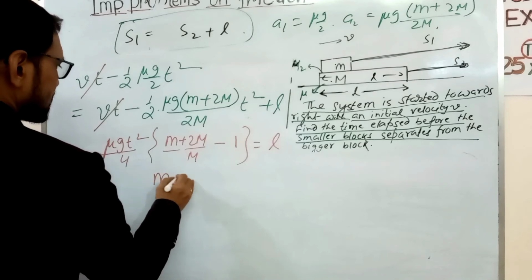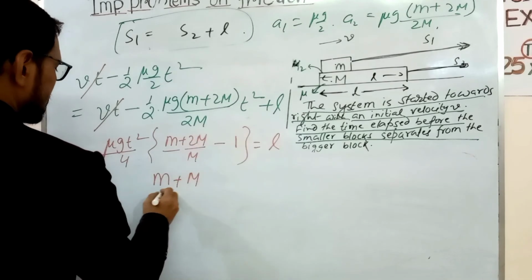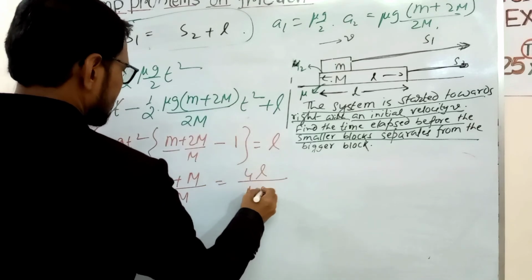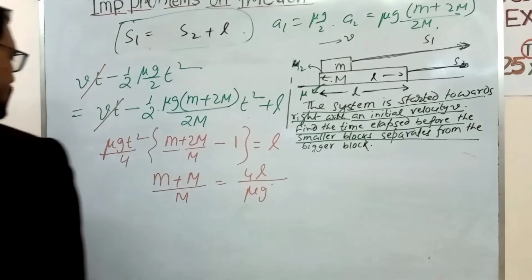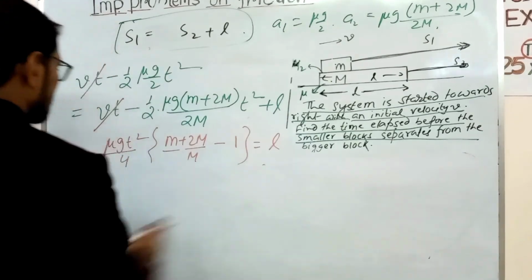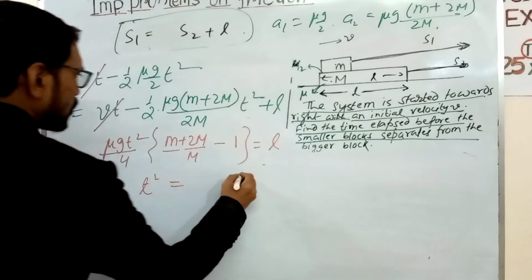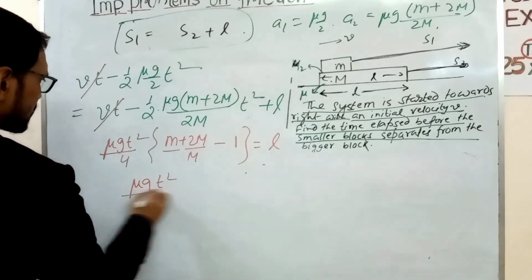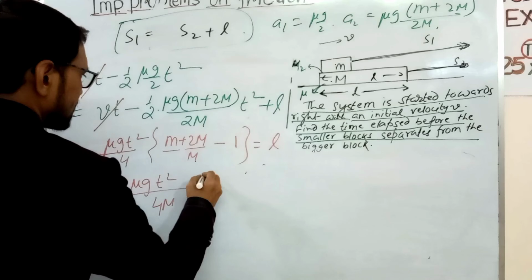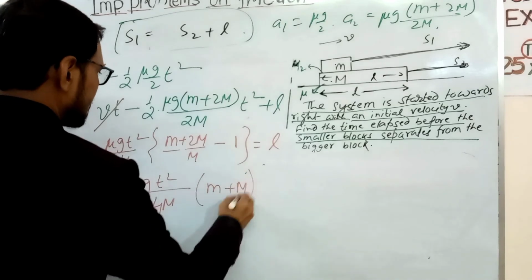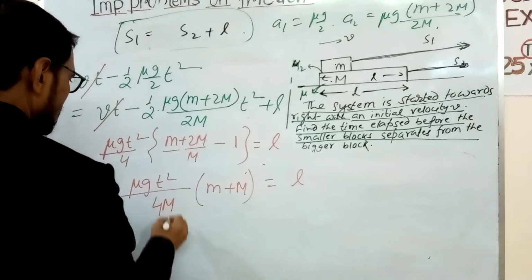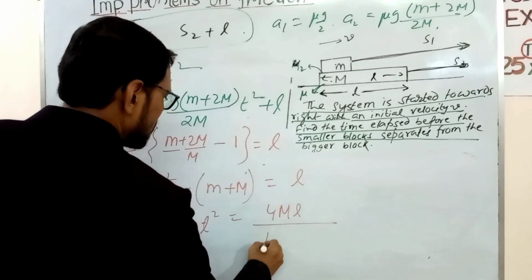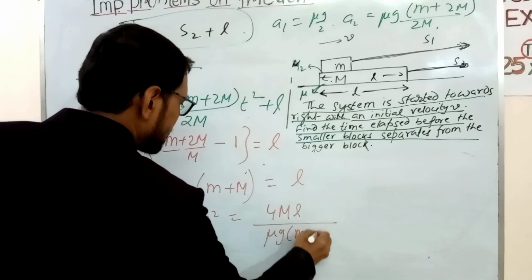Now (2M plus m minus M) divided by M, that is (M plus m) by M, times mu g t square by 4, equals L. So t square equals 4ML divided by mu g into (M plus m).